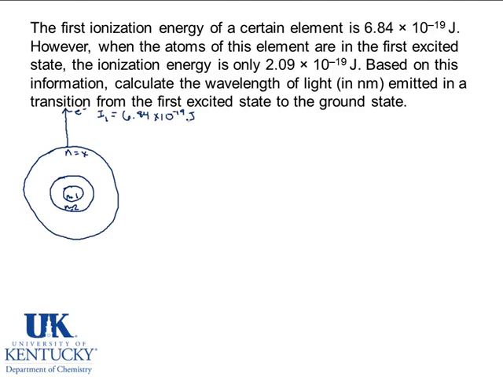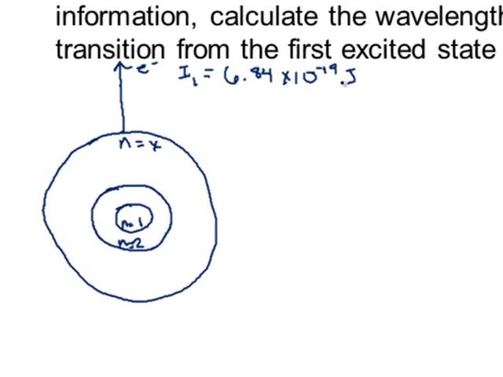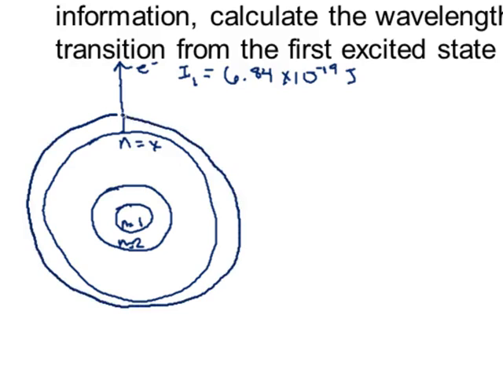Now the next thing it says, this element is in its first excited state. Well, what in the world does that mean? What we're doing is we're going to take an electron out of this n equals x, and instead of pulling it off, we're going to promote it up to some energy level that's the next nearest one.